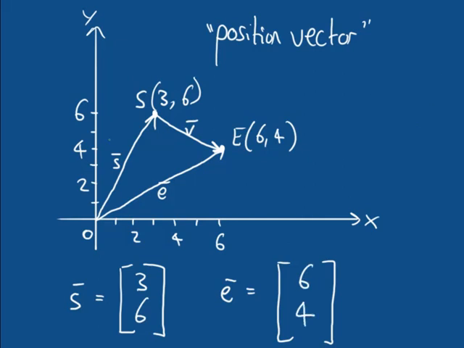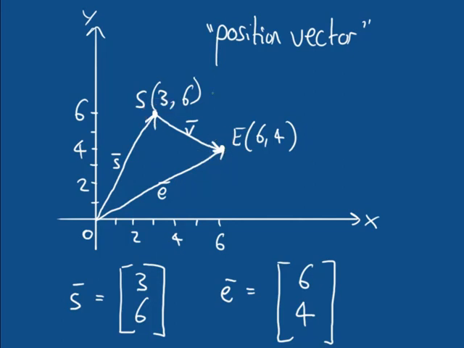So we've got a vector going from the origin up to point S, and a vector going from the origin up to point E. But what I want to find is this vector v. It travels between those 2 points. How are we going to do that? Well, what I need to effectively do is start at this point and travel to this point.